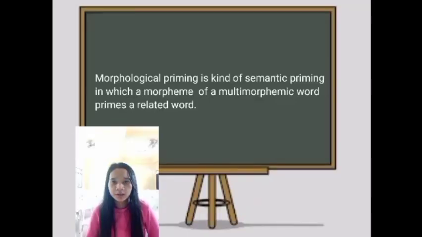This priming effect might arise because semantically related words are near each other or linked to each other in the mental lexicon. Morphological priming is a kind of semantic priming in which a morpheme of a multi-morphemic word primes a related word. For example, sheepdog primes wool as a result of sheep, even when one morpheme is free and the other bound, as in runner.